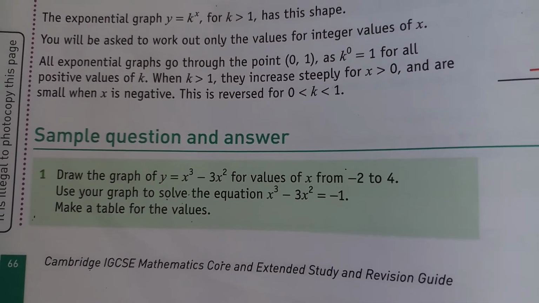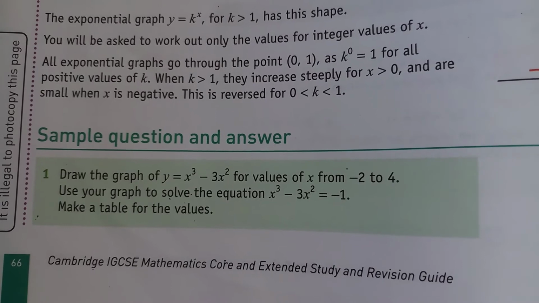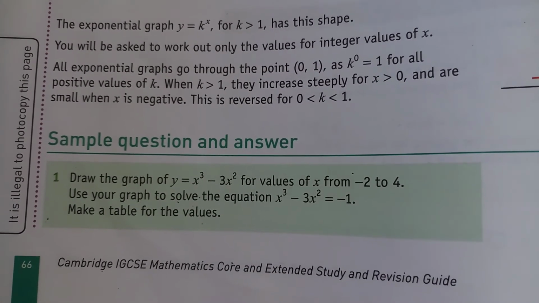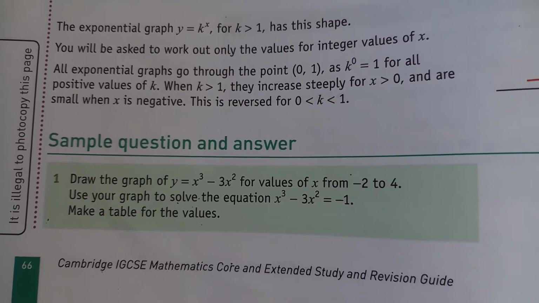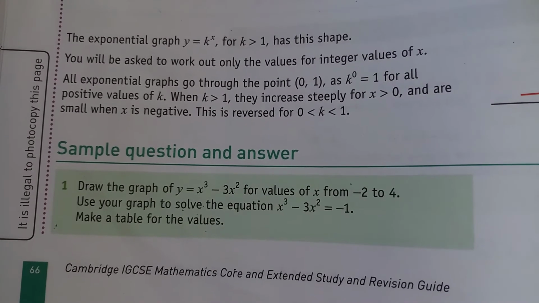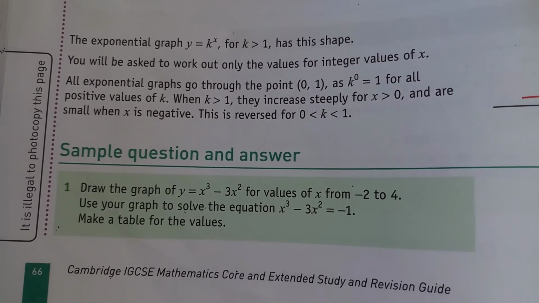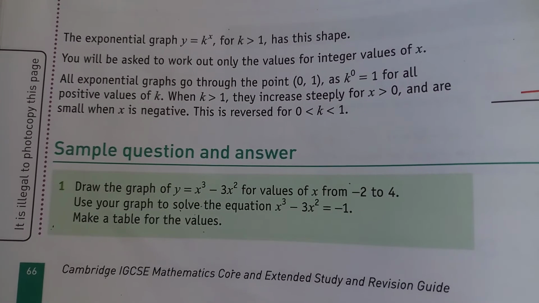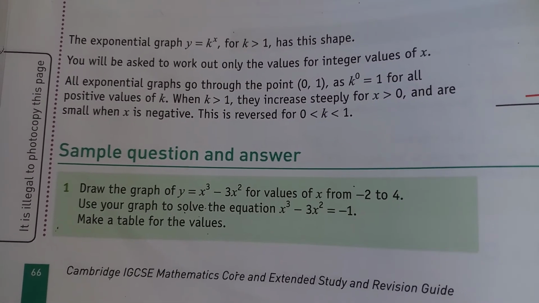This is your exam question. Draw the graph of y equals x cubed minus 3x squared for values of x from -2 to 4. Use your graph to solve the equation x cubed minus 3x squared equals -1. Make a table for the values.